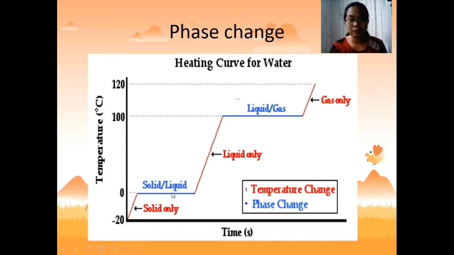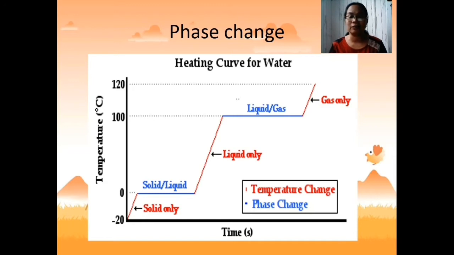This is where phase change is happening. This is melting, a phase change from solid to liquid. You can see here that the temperature doesn't change during phase change, but the energy absorbed by the system is used to break the bonds, so that from solid, it will become liquid.